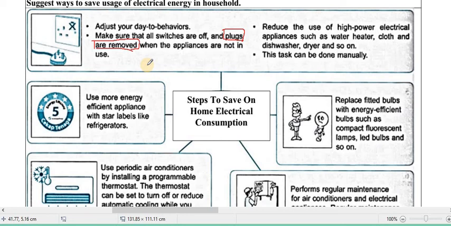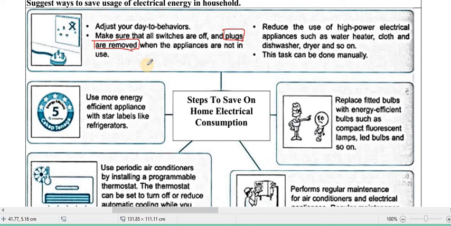If you don't pull out, the current still keeps running. For example, a television: you turn it off with your remote, and it goes to standby mode, which still uses electricity. So in the US, if they want to save electrical energy, they must pull out the plug. If not, it continues in standby mode.